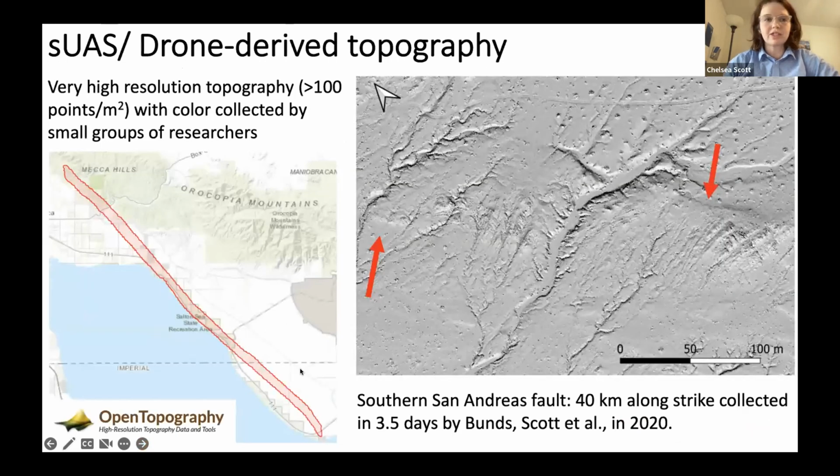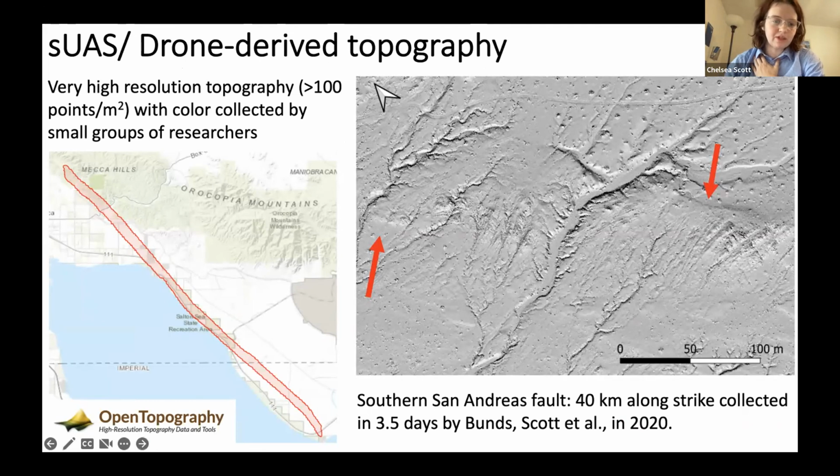Another commonly used type of data is small aerial system or drone-derived topography. So these data sets are typically very high resolution. They often have over 100 points per meter squared, and they include color. They are often collected by small groups of researchers, so they provide opportunity for students and researchers to go into the field.